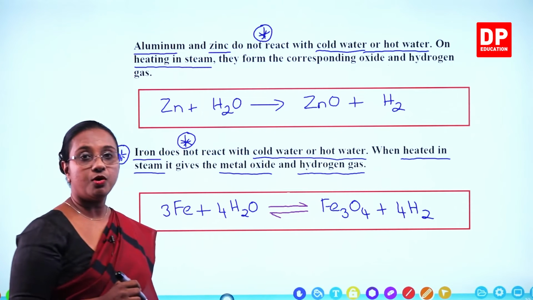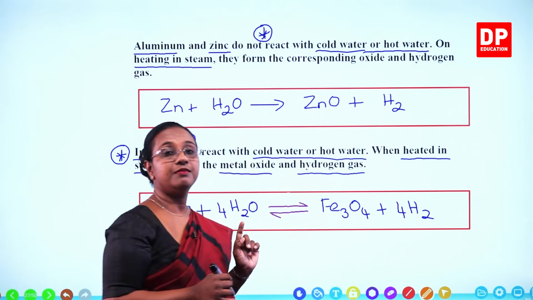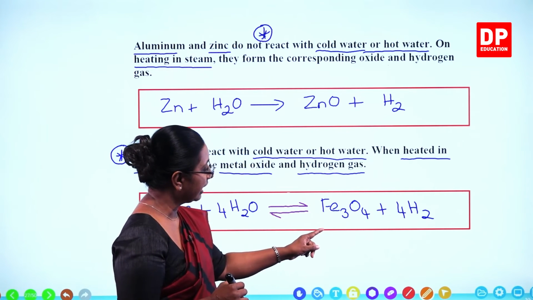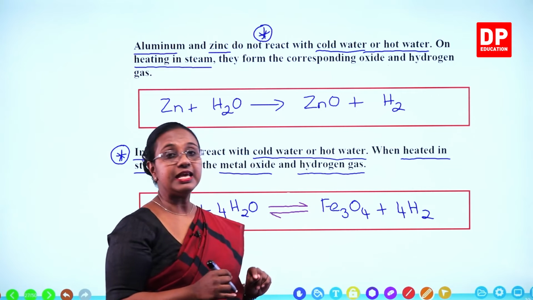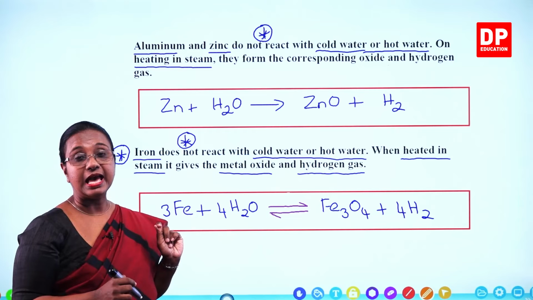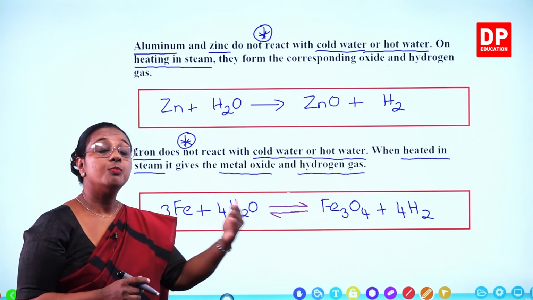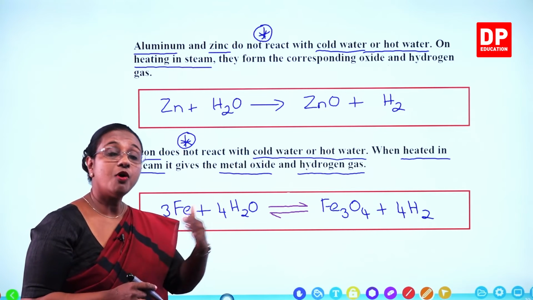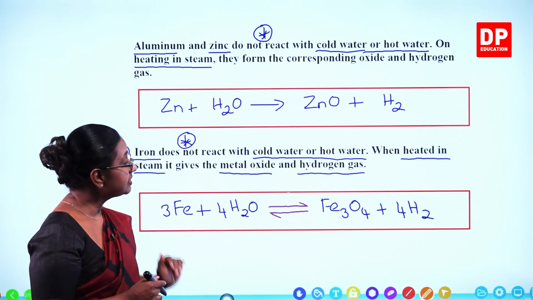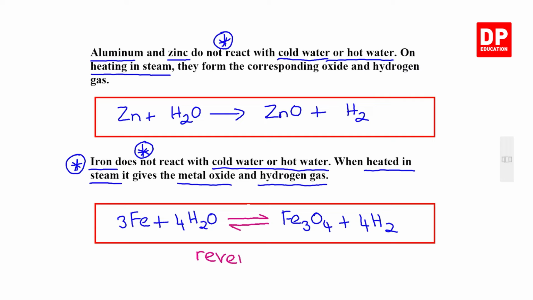Half arrow towards the forward reaction, iron and water forming Fe3O4 and H2. Another half arrow indicates that hydrogen and Fe3O4 react again and form Fe and H2O. So the reaction can take place in both directions, the forward direction and the backward direction. So this type of reaction is known as a reversible reaction.